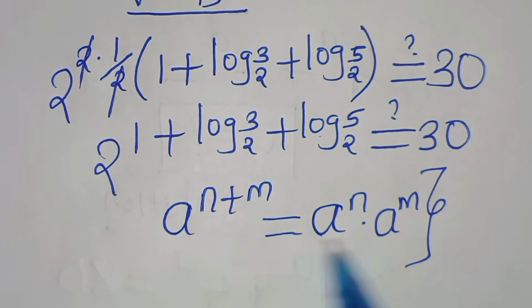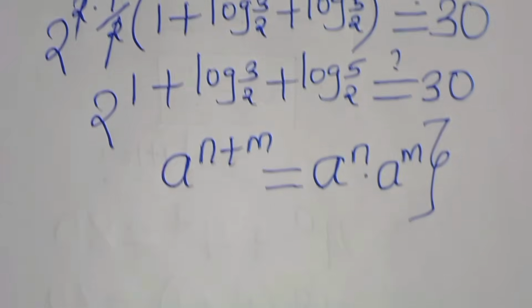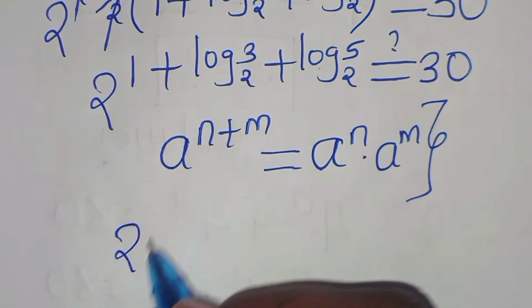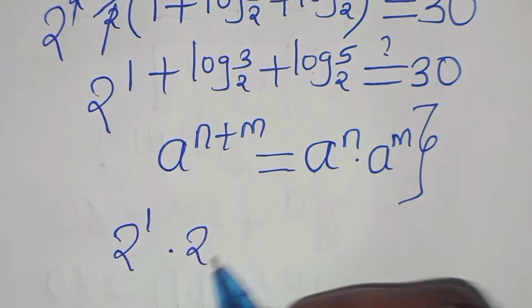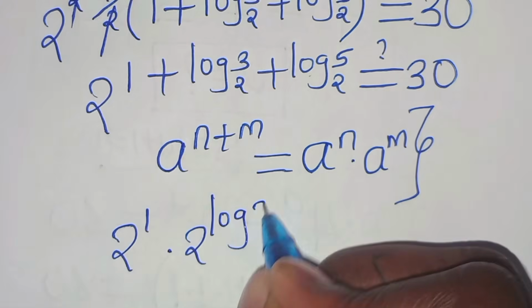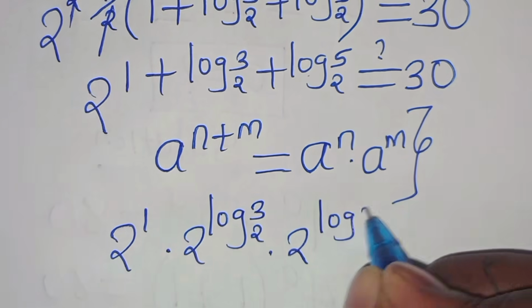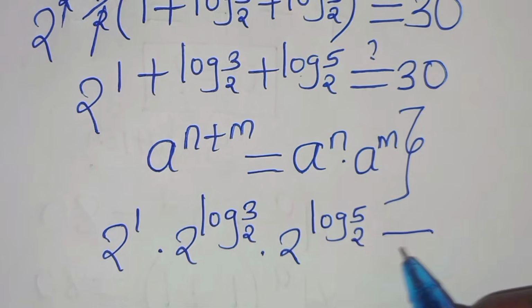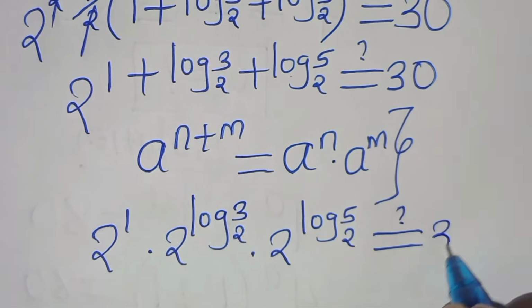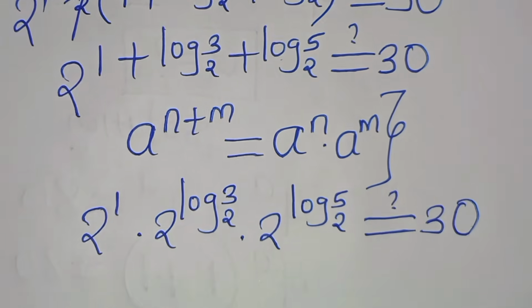Applying this exponent property, we have 2 to the power of 1 times 2 to the power of log 3 to base 2, times 2 to the power of log 5 to base 2.